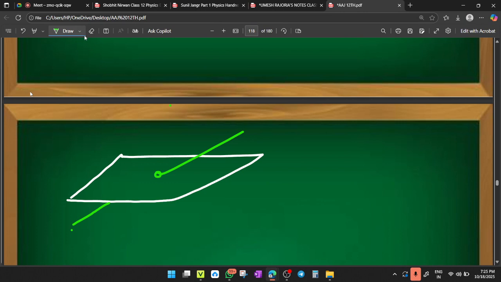Let us draw here the n vector. Okay, n cap, the area vector. Yes, this is the area vector, n vector or n cap. Okay, clear. And this is B. Now this magnetic field is not perfectly perpendicular to the surface.